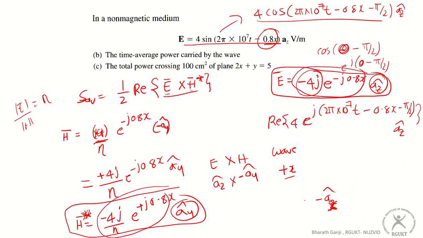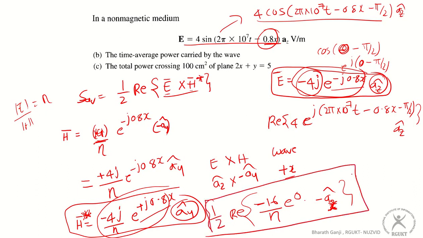There is minus 4j and minus 4j. It simply becomes minus 16 divided by eta, and e power j, e power minus j, e power 0. And this whole thing gets a real part with a half before, right? Which is nothing but the power.